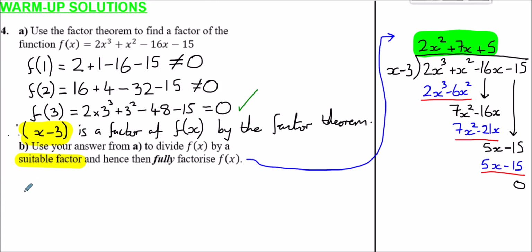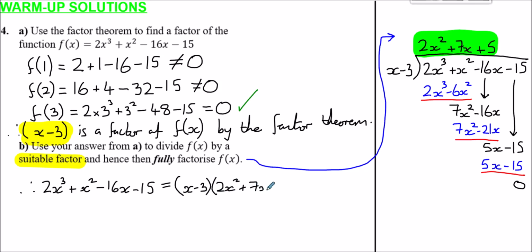So we can now say, therefore, 2x cubed plus x squared minus 16x minus 15 equals x minus 3, because x minus 3 was the initial factor, multiplied by this, which is 2x squared plus 7x plus 5.